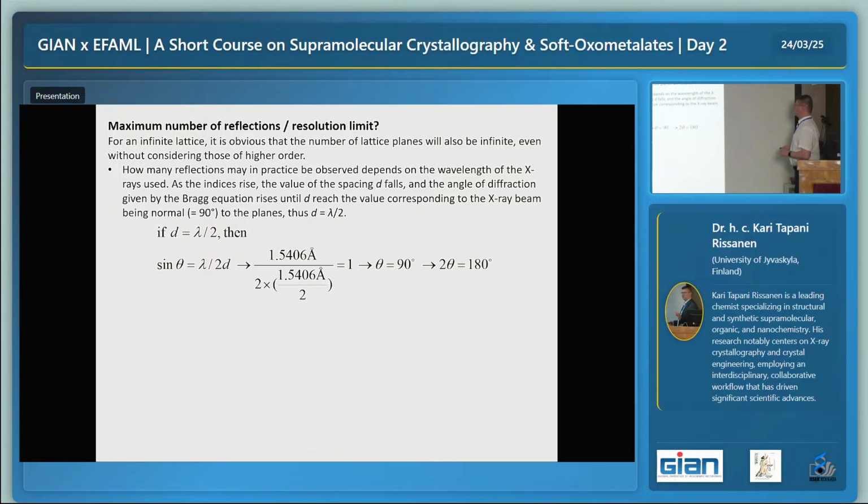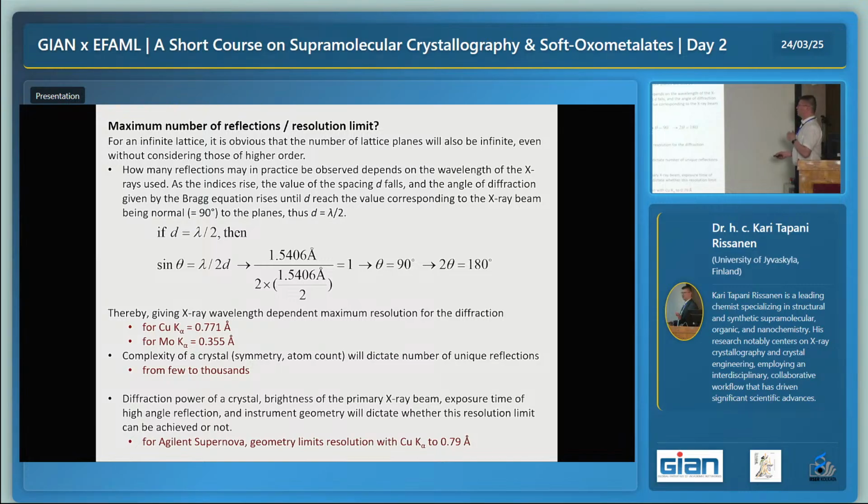And of course, Bragg's law uses 2 theta, so then we have 180, which reflects that the theta angle is 90. So when we take a wavelength and use it to maximum resolution, we can calculate what the resolution means, the d's. It means the separation of these planes where the diffraction happens. It will have importance later on, but it's a theoretical figure.